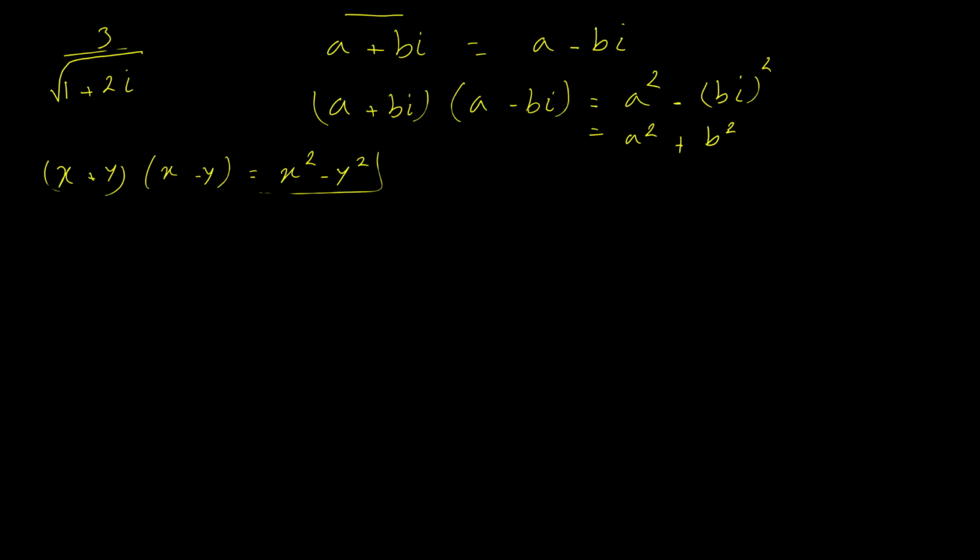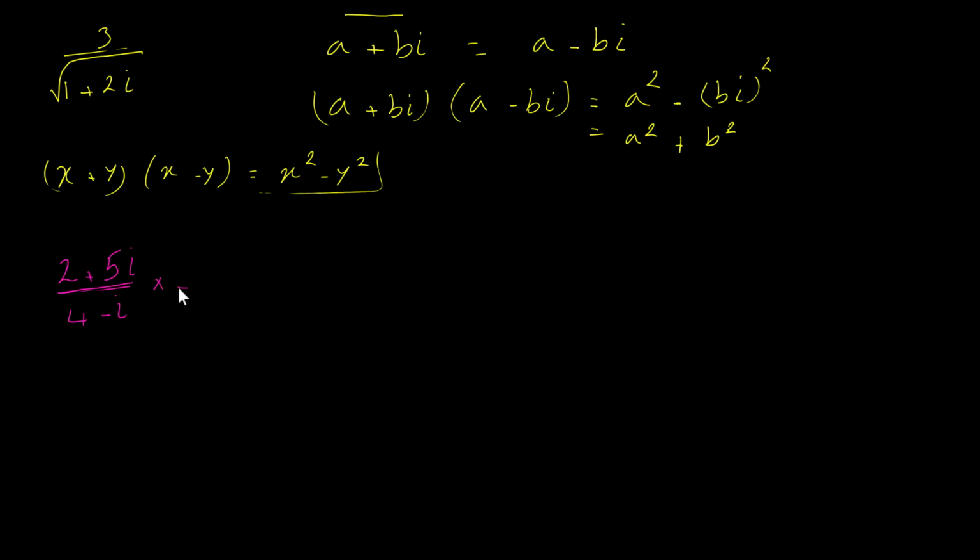Let's go ahead and look at one more example. Let's say we have 2 plus 5i divided by 4 minus i. And we want to get rid of the complex value in the denominator.